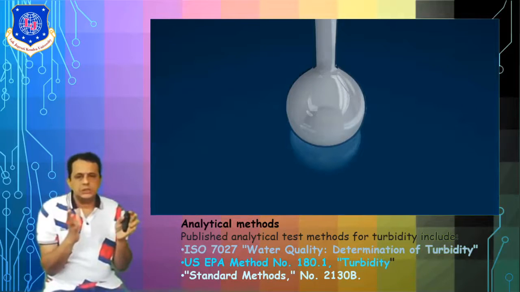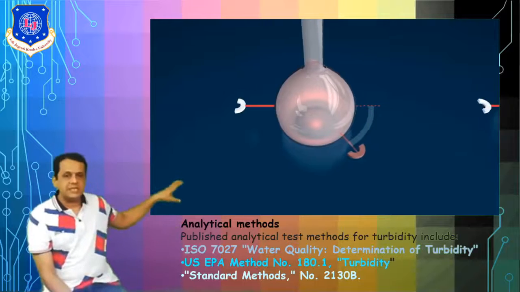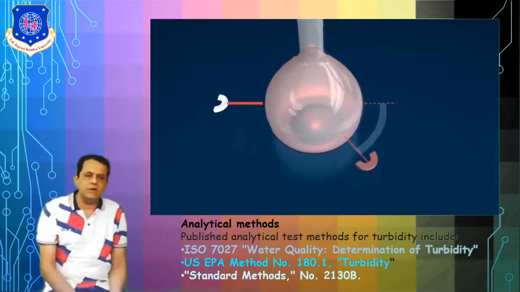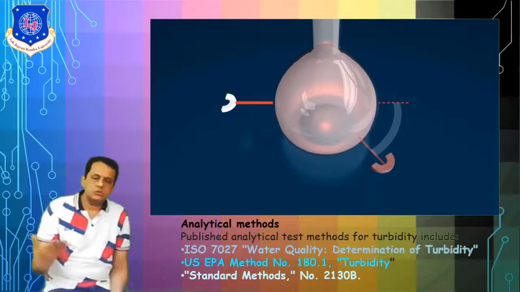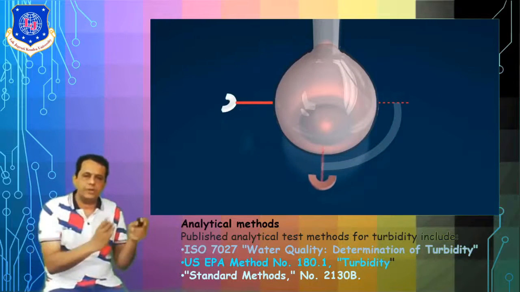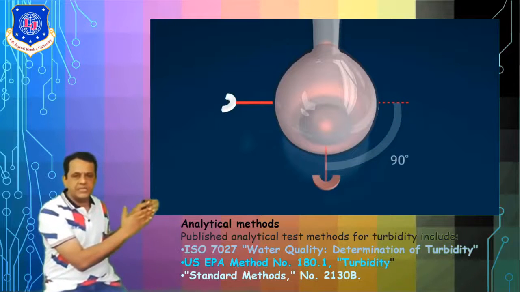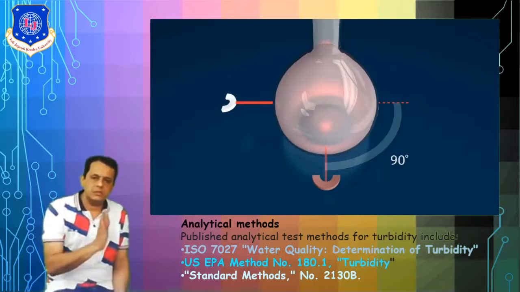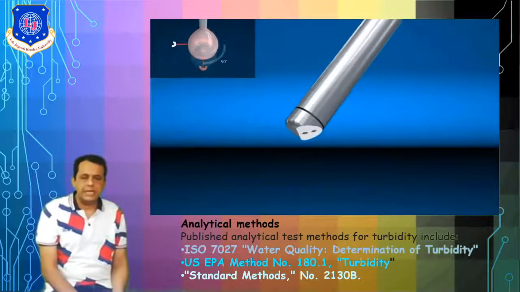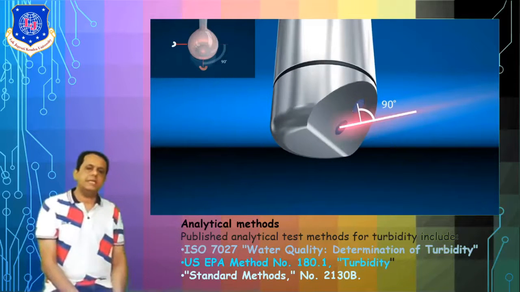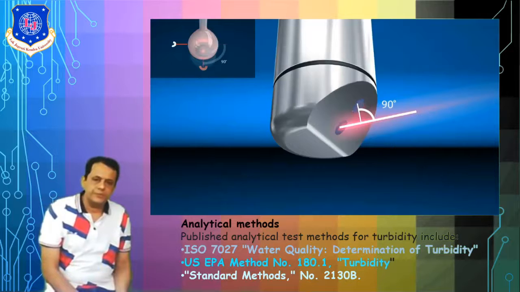So here you see how the angles are set, as I told you earlier, at 90 degrees and another at 135 degrees. The light source is set, then the detector is set for the angle. First it will be set at 90 degrees for the detection, and that is one of the measurements. Here you see the detector is also set up for a 90 degree measurement.